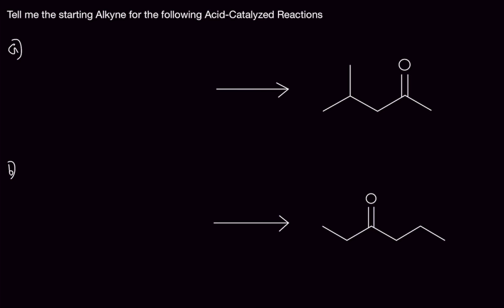Tell me the alkyne for the following acid-catalyzed reaction. The trick first is to figure out, do you have an internal alkyne that we're going to be creating, or do we have a terminal alkyne? Here's the trick.